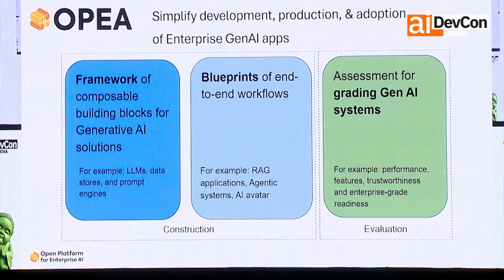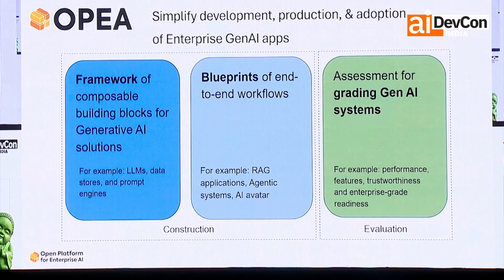It can be even prompt engines. Yes, tools to generate, structure, and optimize prompts for better AI performance are all available. So, the overall purpose of this block is very simple. This particular block of framework of composable building blocks enables developers to build AI systems more efficiently by reusing existing and proven components.